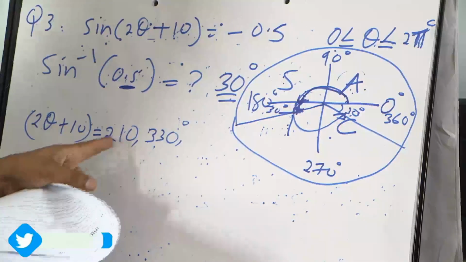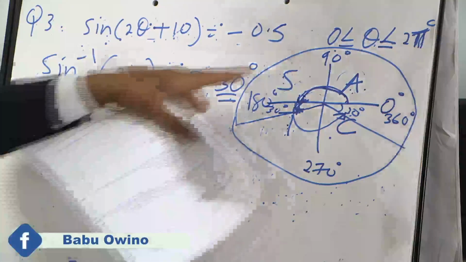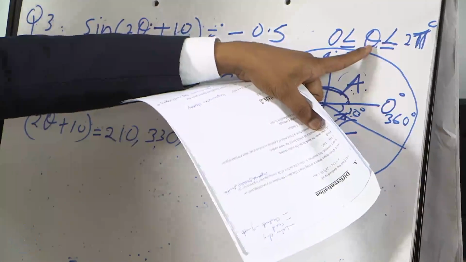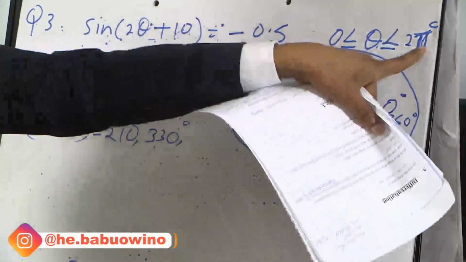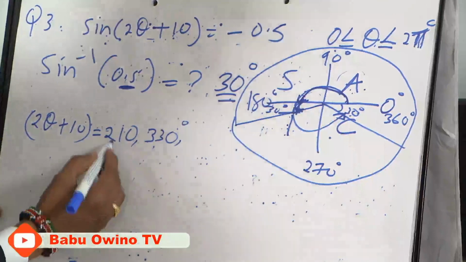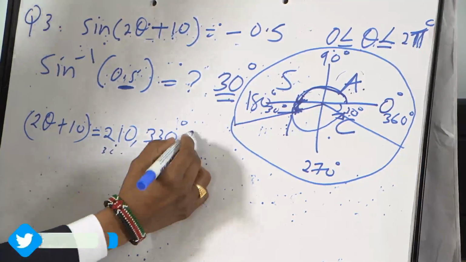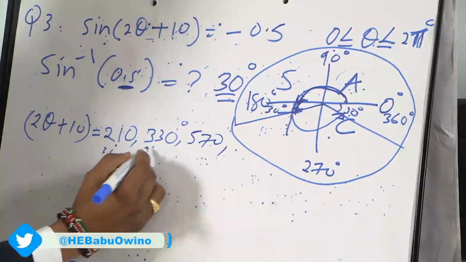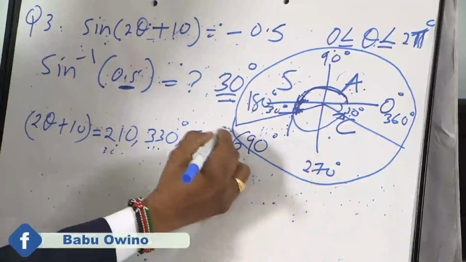Then something interesting, you make one complete rotation. Then you add to the available angles, so that we get all the angles, because we've been told that our theta is greater than 0 but less than 2 pi radians. So when you take 360 and you add 210, you get 570, which is another angle. And then you add 360 to 330, you get 690, which is our other angle.